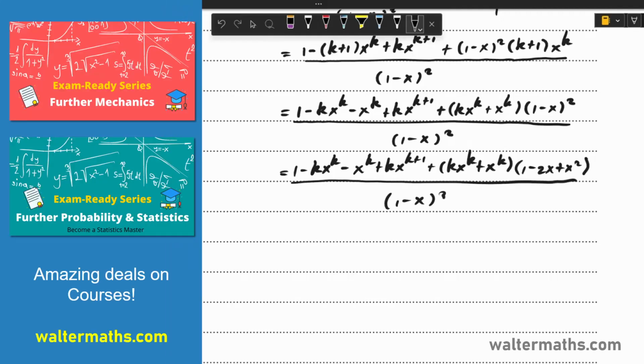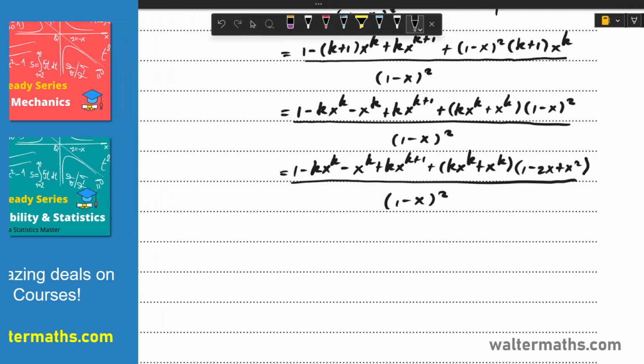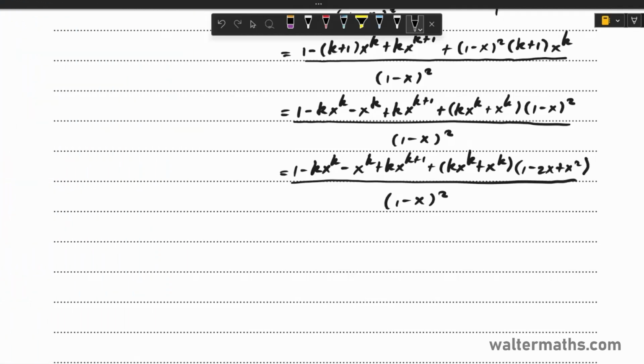Now we're going to continue expanding the brackets here, so I'll need more space. I have the 1 minus kx to the k, minus x to the k plus kx to the k plus 1, and this term multiplies the second bracket.